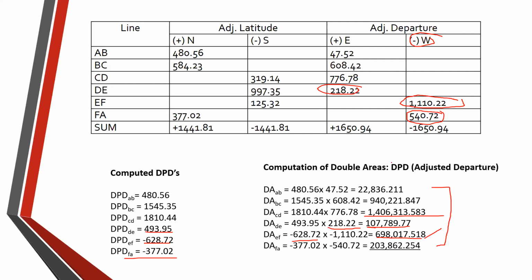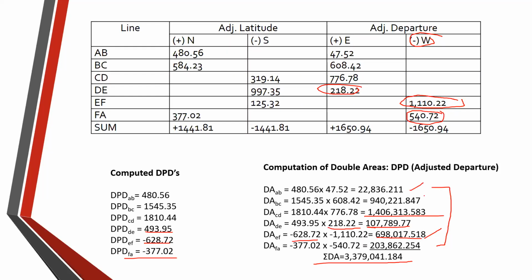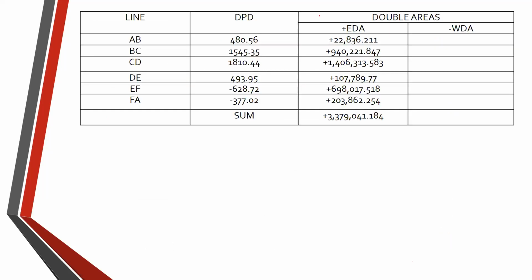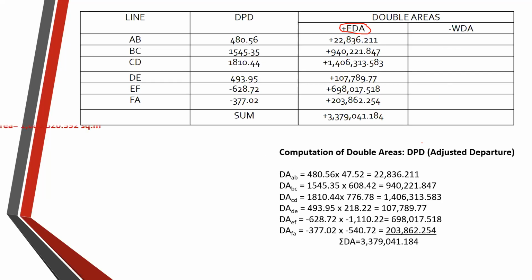We have 3,379,041.184. So this is your double area. Next, kunin natin. Diba? As you can see, lahat ito positive. Positive, positive, positive, positive, positive. So, ibig sabihin lahat yon is the positive is double area. Wala tayong nakuha para sa negative. So, computation of the double area, ito yon nakuha natin.